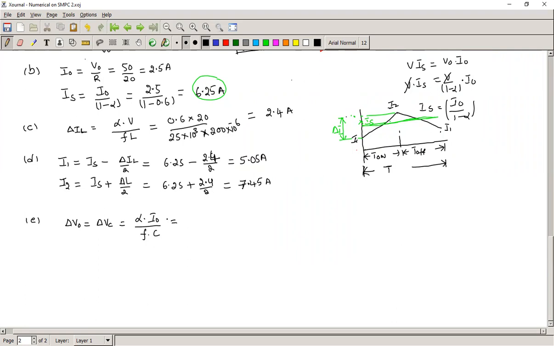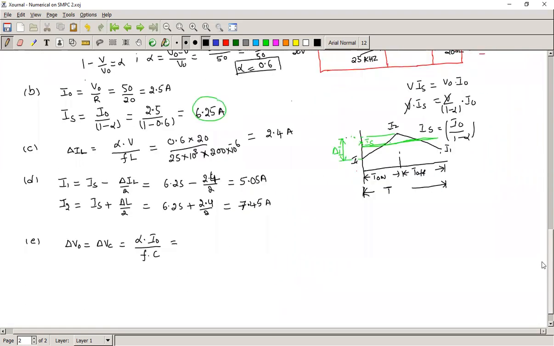The alpha value we already calculated, that is 0.6. The I naught value we also calculated, 2.5 amperes.